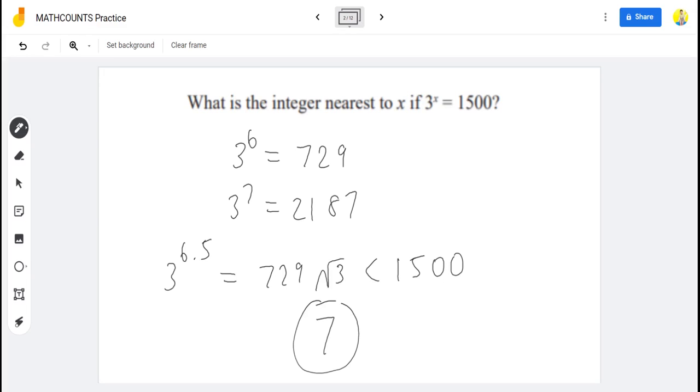So the answer is 7, since it's closer to 7. And this is true because root 3 is less than 2, and 729 root 3 is less than 2 times 729, which is 1458.